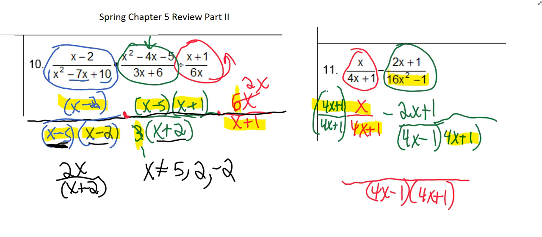So this becomes 4x squared plus x, and then notice that we are subtracting in between, so minus, and I like to put a big parentheses there to remind me that I have to distribute the negative sign or the subtraction to both of these terms in the numerator.